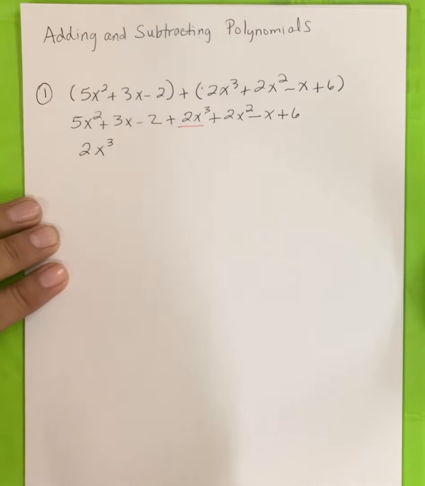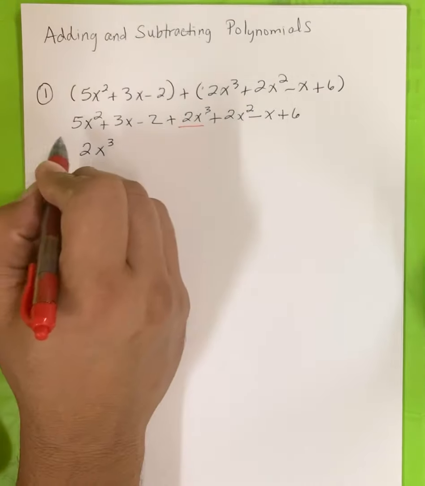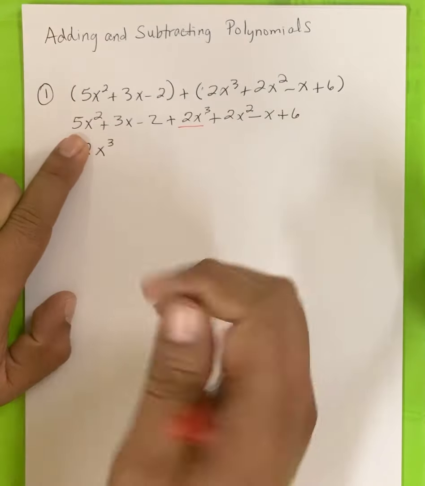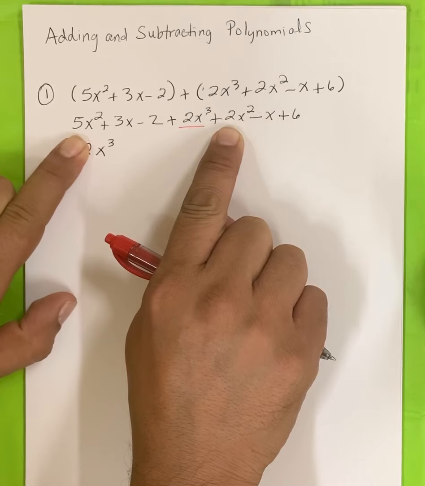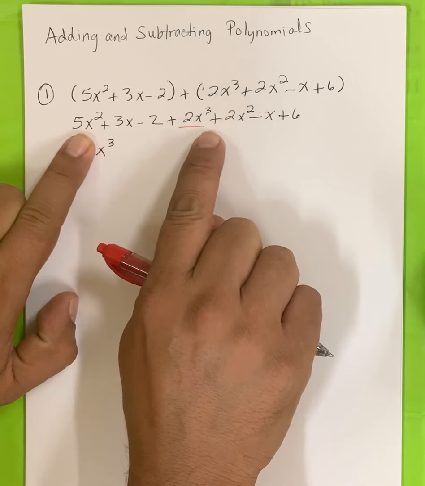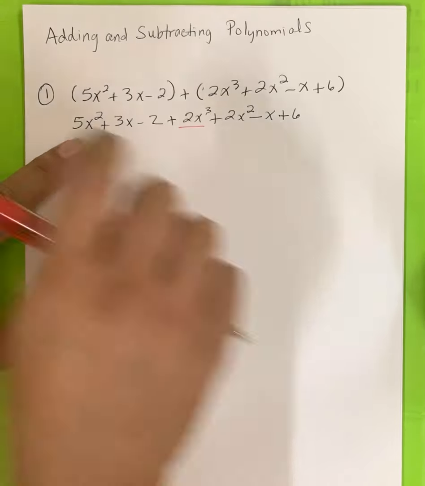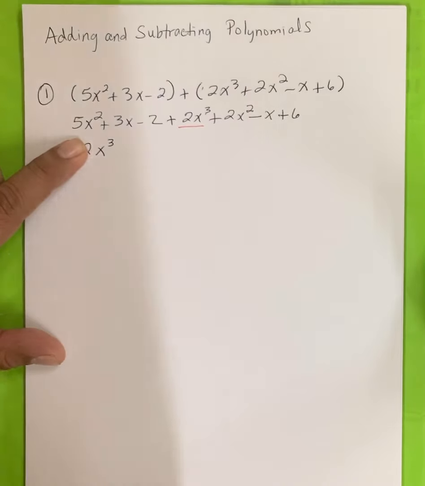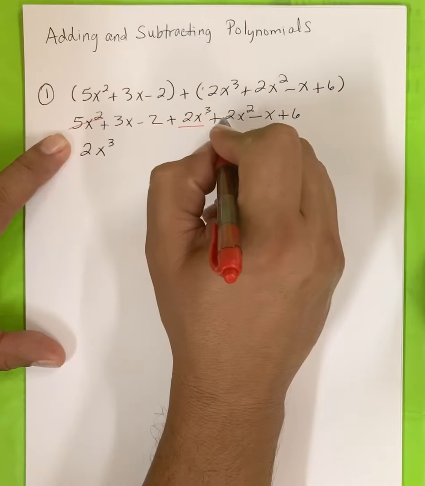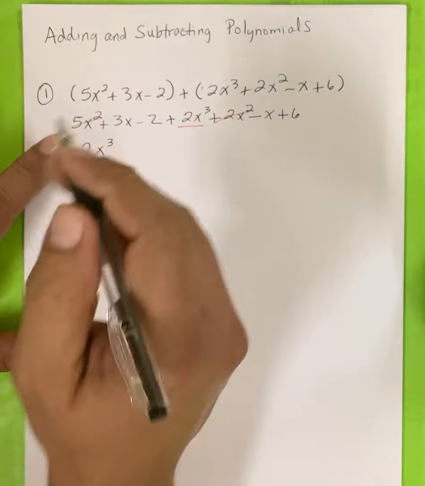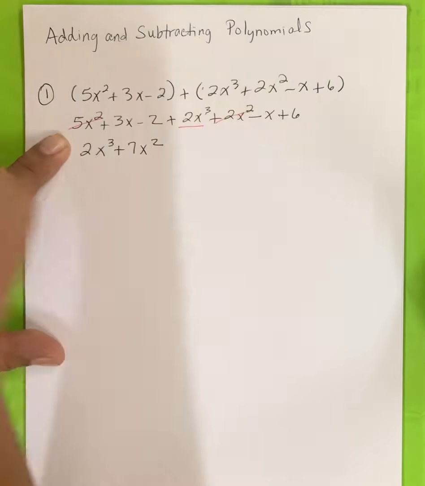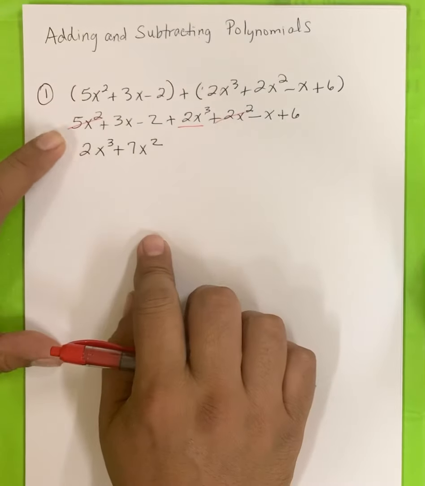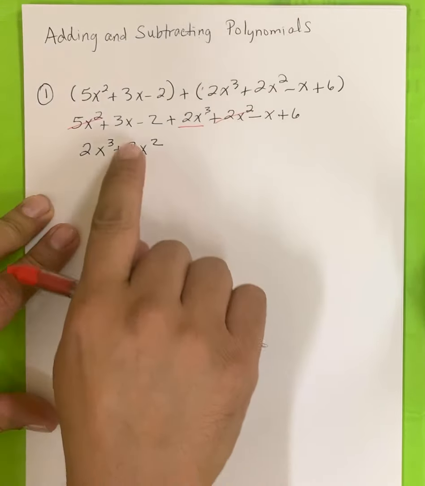Now we look for x squared. How many do we have? 5x squared plus 2x squared gives us 7x squared. So let's remove those so we won't get confused. Plus 7x squared.